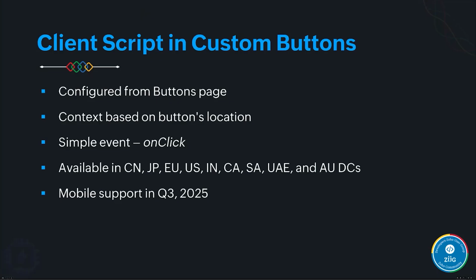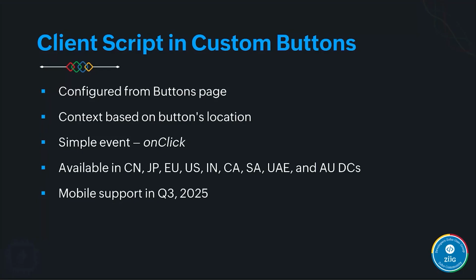But since these client scripts are linked to buttons, you'll have to configure them in the buttons part of the settings, okay? And client scripts, like I said, are linked to a page or a layout or an event or a field.